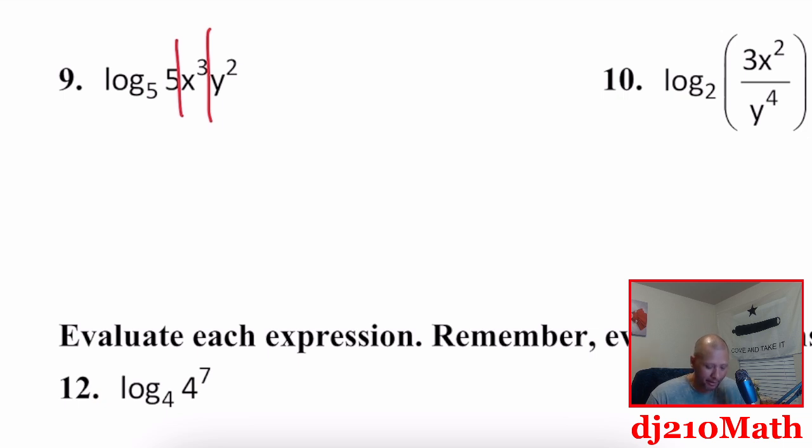Multiplication is happening right now. So that's where the breaks are going to be. So this is going to be log base 5 of 5 plus, do it in red, log, where'd that log come from? It's because we're expanding. So every piece is going to get a log.